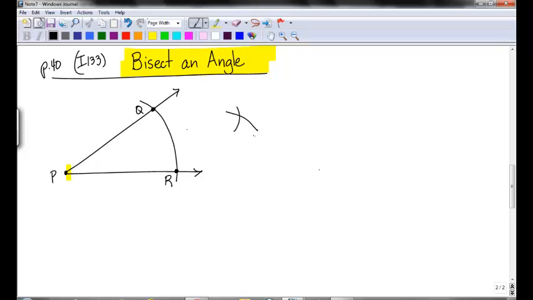Then from the point where those intersect to P, draw a straight line. And that should cut that angle in half. Should bisect it.